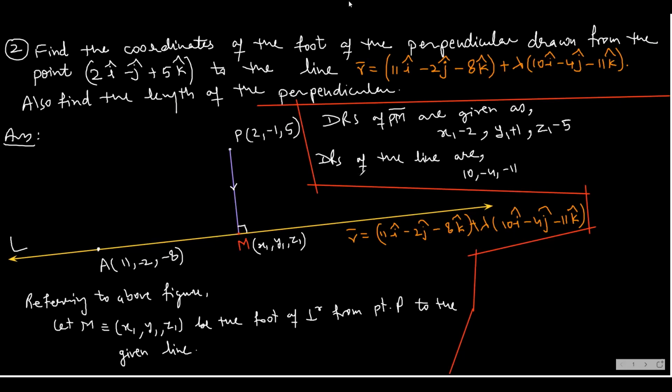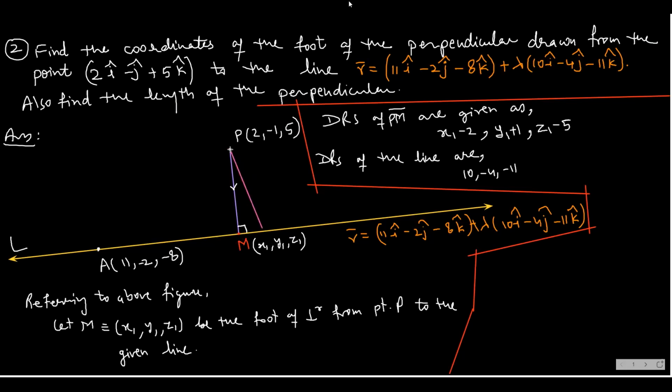Now see, you all need to understand, students, that whatever is happening now is very unique. This point M is perpendicular to the line, and when this happens, this M is unique. This will happen only at one single point. This point is fixed.